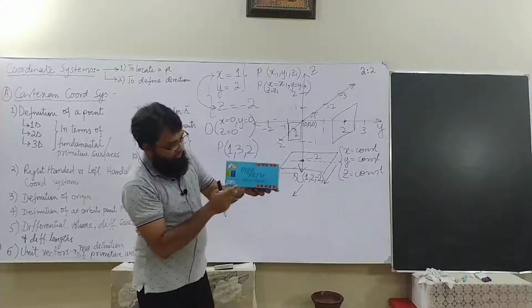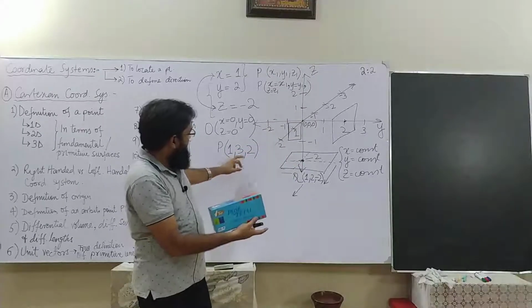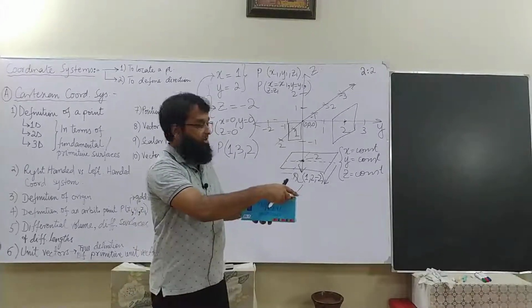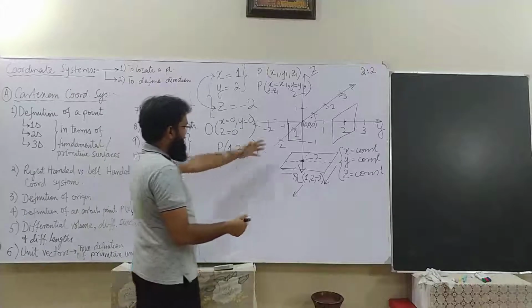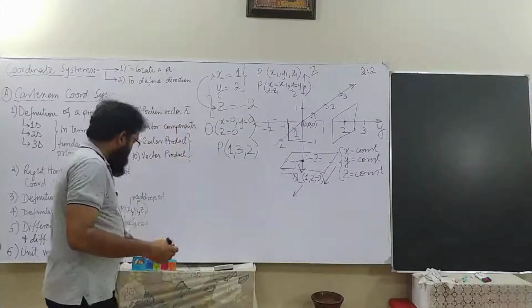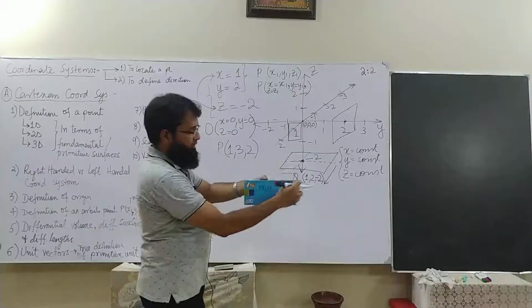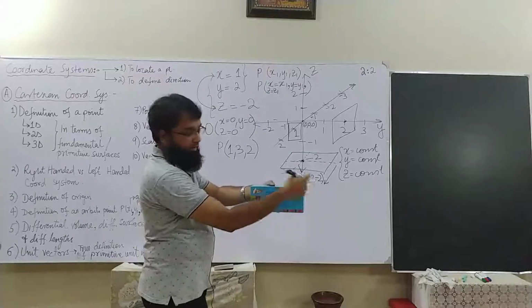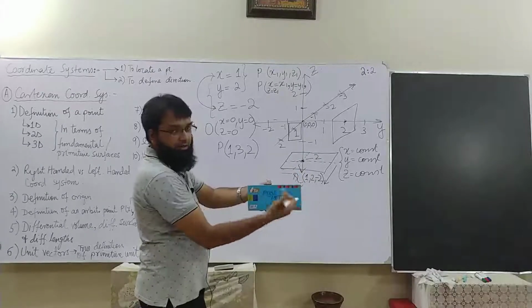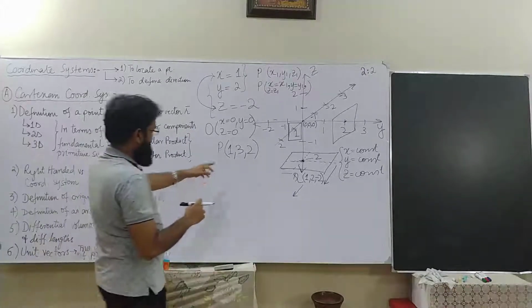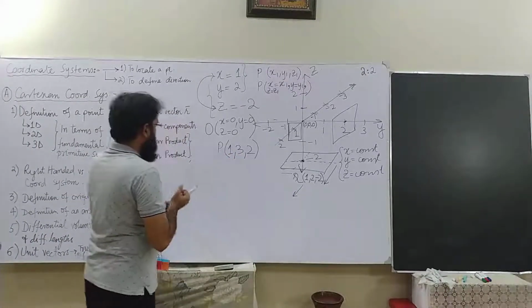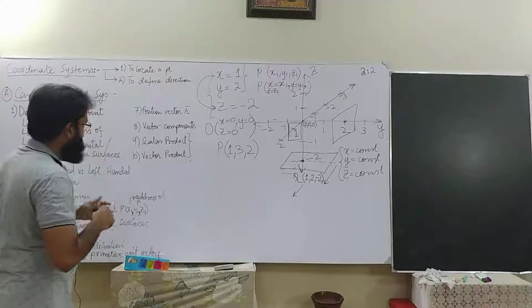Then move in the direction of y, how many units? 3 units. And move in the direction of z, how many units? 2 units. Then you will reach this point. This would be the address of that point, which is the intersection of three different planes: x equals 1, y equals 3, and z equals 2.